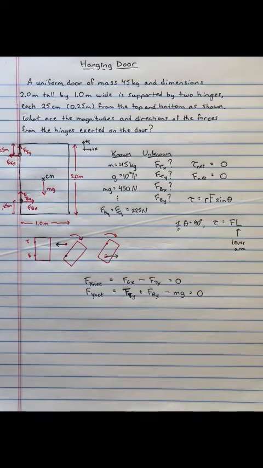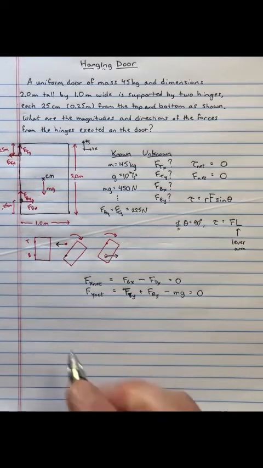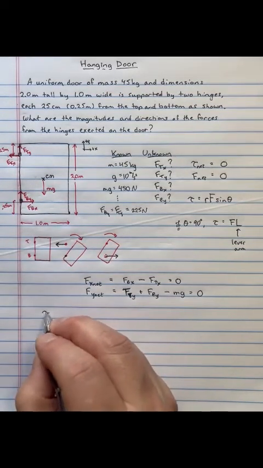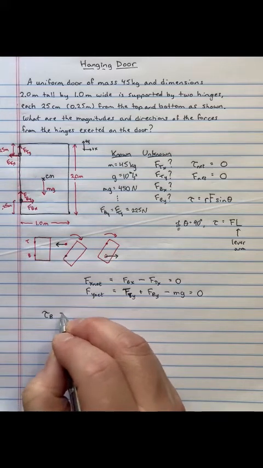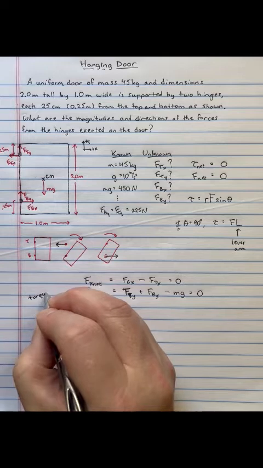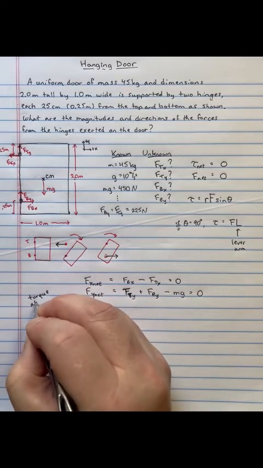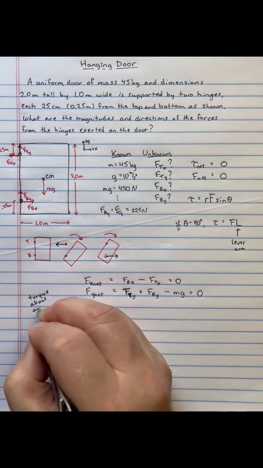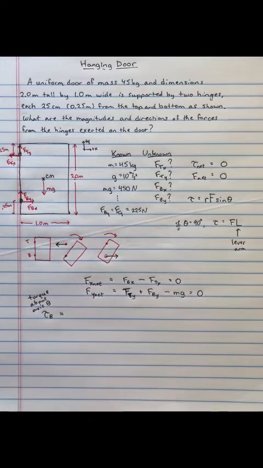But let's stick with bottom for the moment, see what happens with that, okay? So that means when we set up a torque equation, the torques will be around axis B. So let's write that out so everybody sees exactly what I'm talking about. So torque about axis B. B is the hinge.